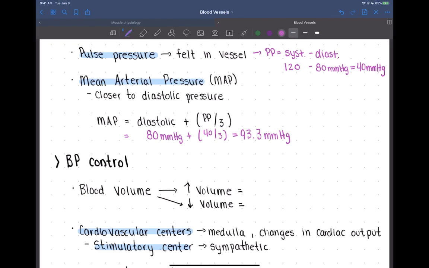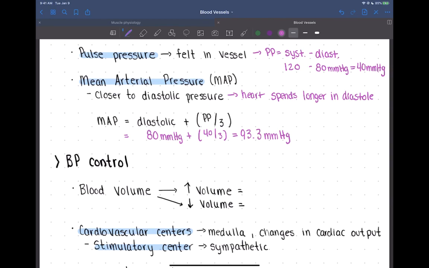And so the reason for this is that the heart spends longer in diastole. So that average pressure would be closer to the diastolic number, because more of the time that's going to be the pressure in the vessel.